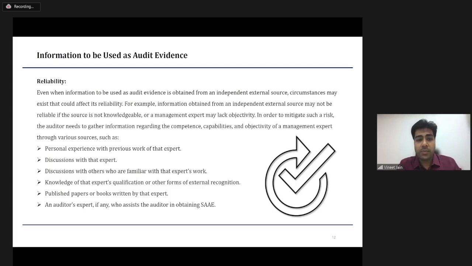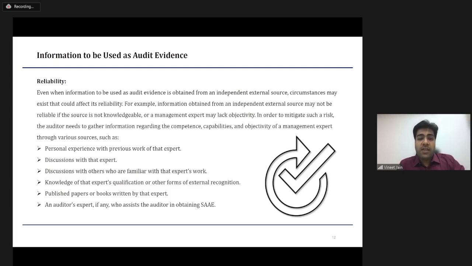Or we may hold discussions with that expert or someone else familiar with the expert's work, or we may get knowledge about the expert's qualification or other forms of external recognition. These are some of the ways wherein we can get comfort over the competence and capabilities of the external sources and gather information which can be used as audit evidence.